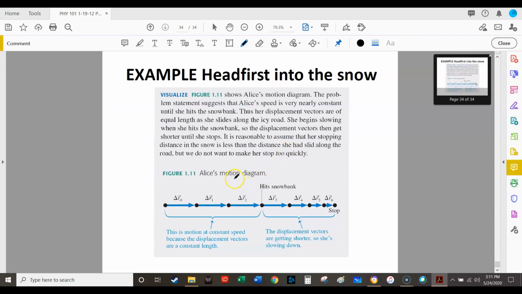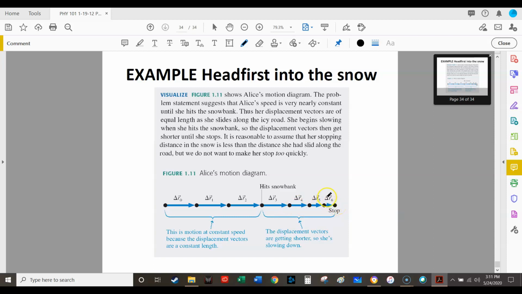It looks like they have something very similar to what we have. They've got their constant velocity vectors, and then they hit the snowbank, and they draw their displacement vectors, or velocity vectors rather, getting shorter and shorter over time.